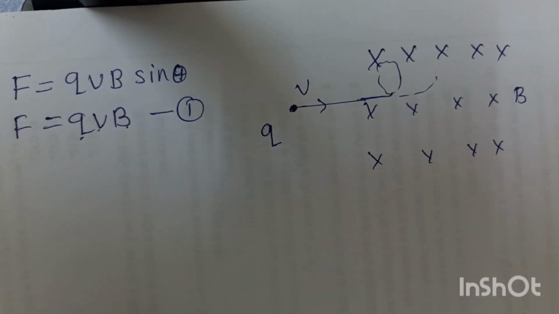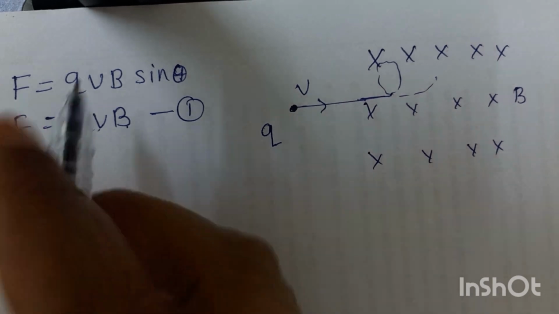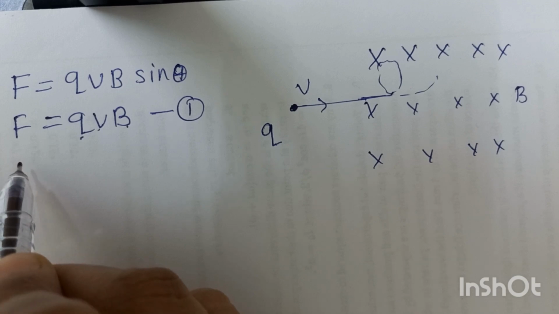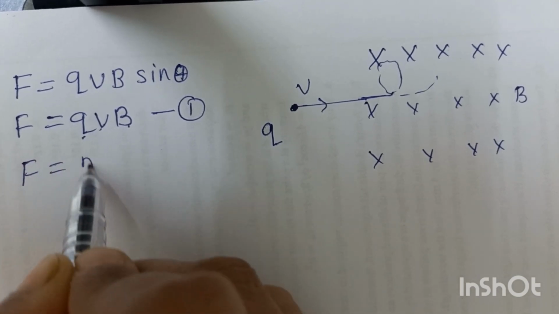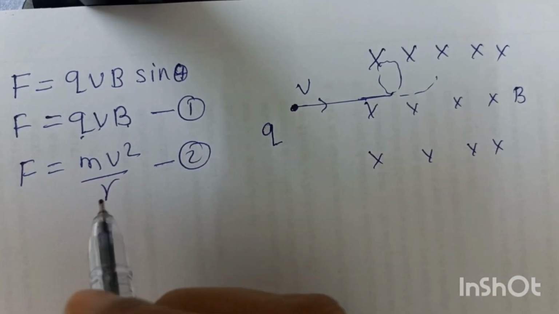As this charged particle acquires the circular path, the force responsible for circular motion is a centripetal force. That force is nothing but mv square by r. You can consider this as equation number 2.